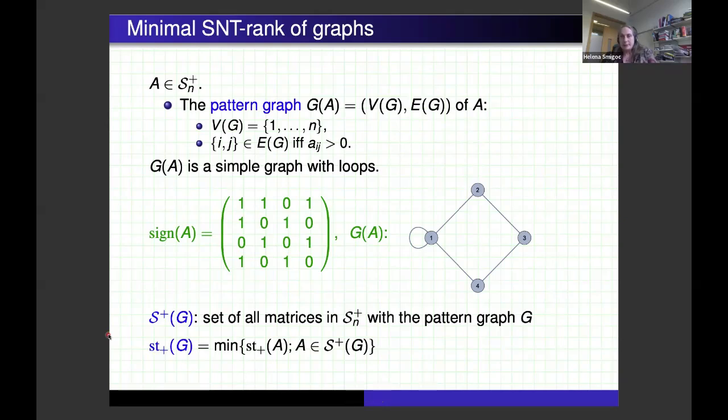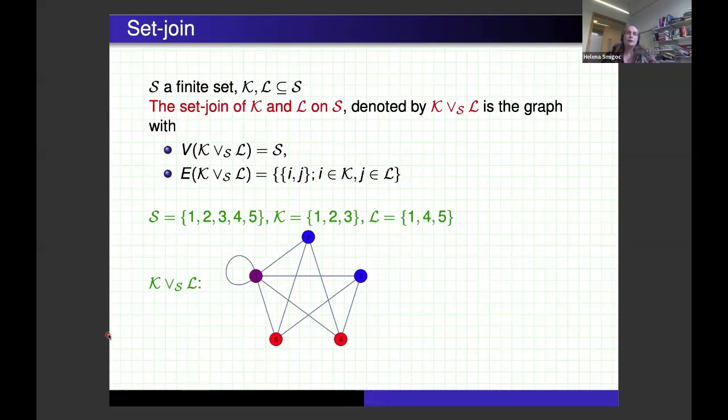To study this parameter, I need to introduce an idea of set joins. Now, joins are a very common object in graph theory, and this is a very related concept. A set join is a graph where the vertex set is composed of two different subsets of a given finite set S. So we are looking at sets K and L, and basically we can think of the vertex set just to be the union of K and L, although more generally we can make it a bit bigger, but that would introduce isolated vertices.